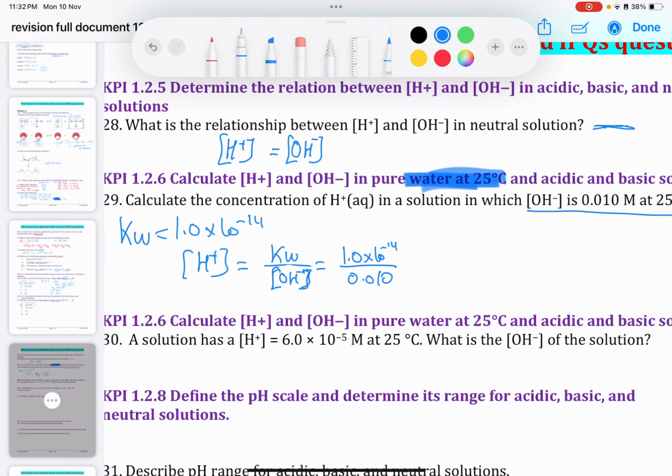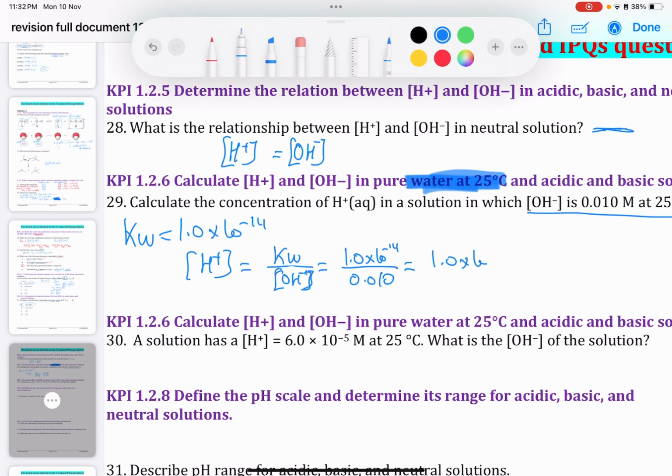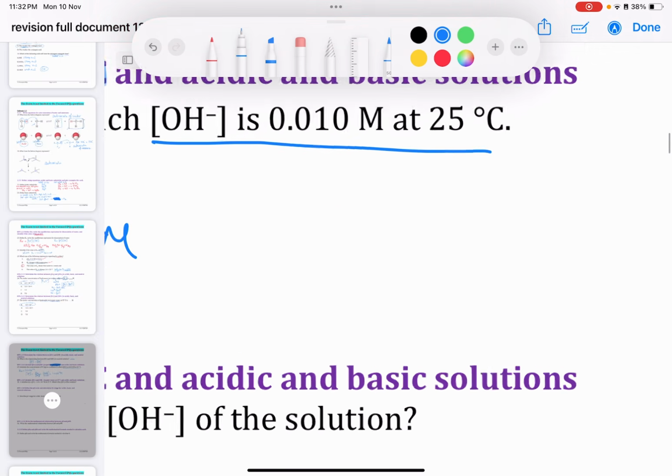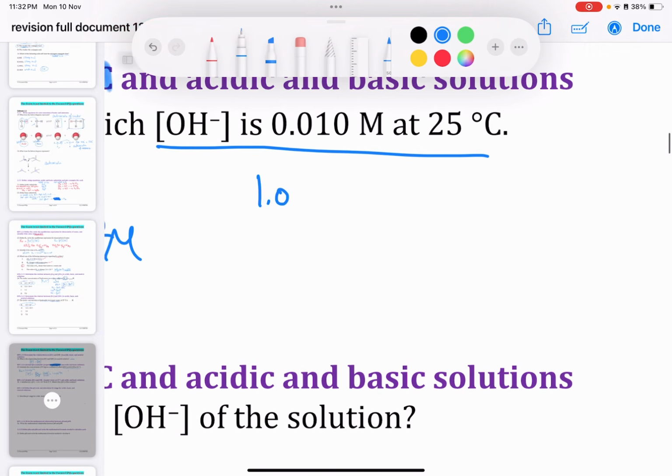And the answer is going to be 1.0 times 10 to the power negative 12. Or I can give it to you in a different way. 1.0 times 10 to the power negative 14 is H plus multiplied by the value of OH minus, and you solve for X on the calculator.